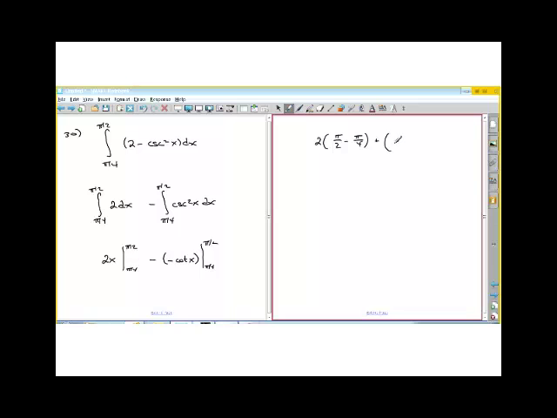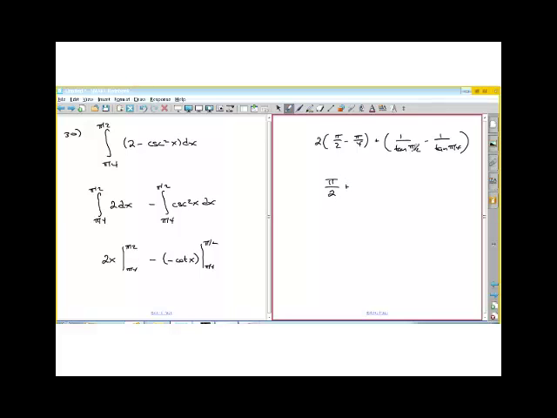So we get the 1 over the tangent of pi over 2 plus 1 over the tangent of pi over 4. And actually I gotta subtract that because that's the lower limit. So here we'll get pi over 2 minus pi over 4 is pi over 4. So 2 times pi over 4 is pi over 2.